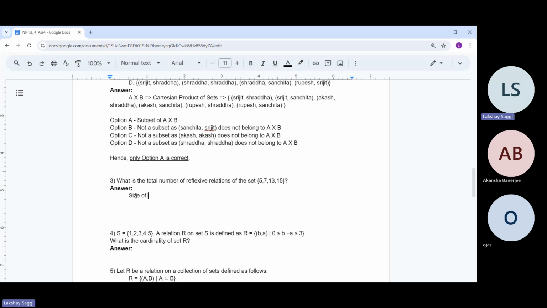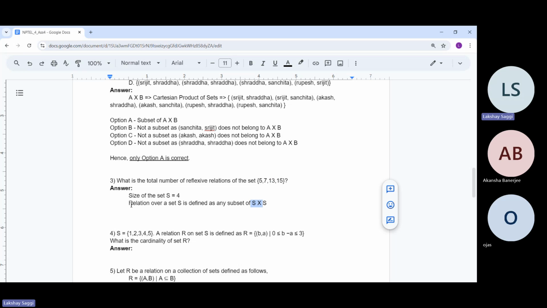We know that the size of the set S, which is given to us, is actually 4. There are 4 elements here. And how do we define a relation? A relation over a set S is defined as any subset of S cross S. So any subset of S cross S will be a relation.